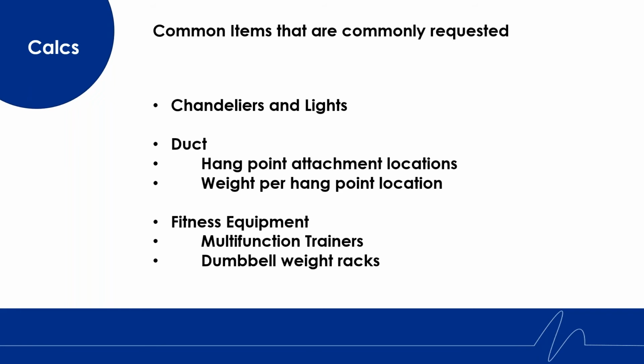For the isolated floors, fitness equipment is a very common item. Most importantly, the multifunctional trainers and dumbbell weight racks, as there are various types and also varying in weights.